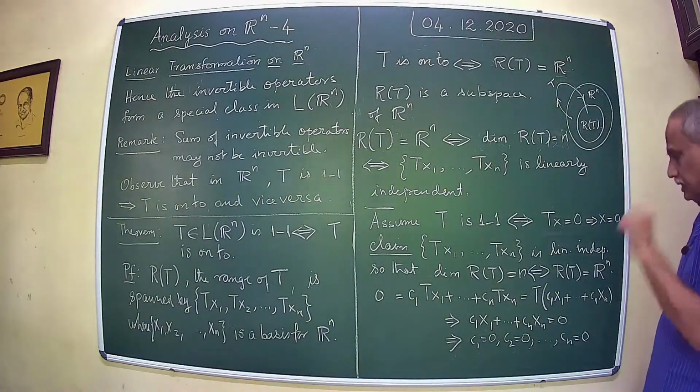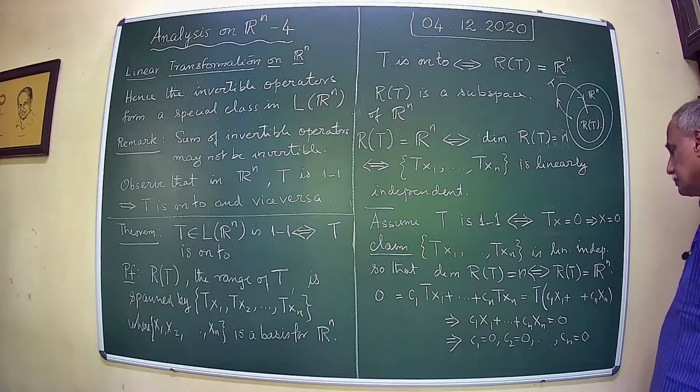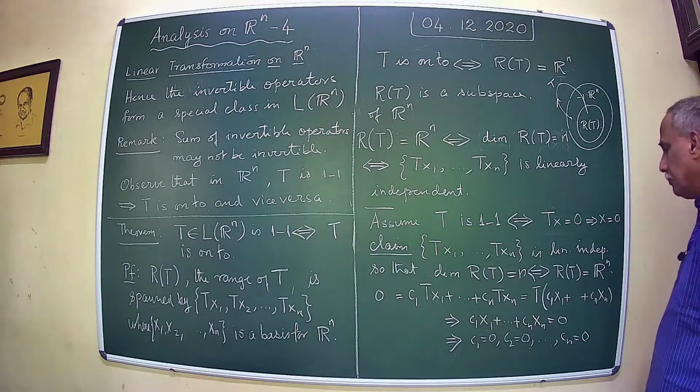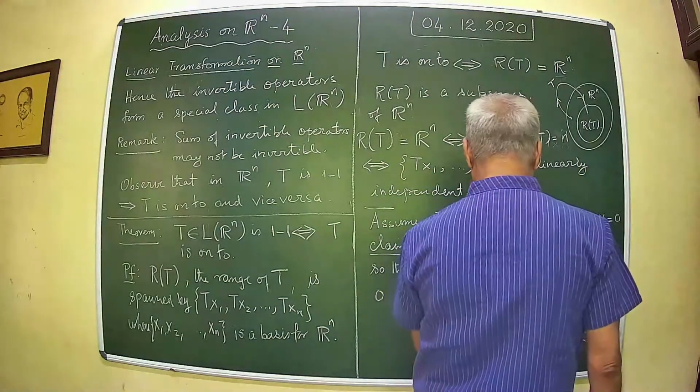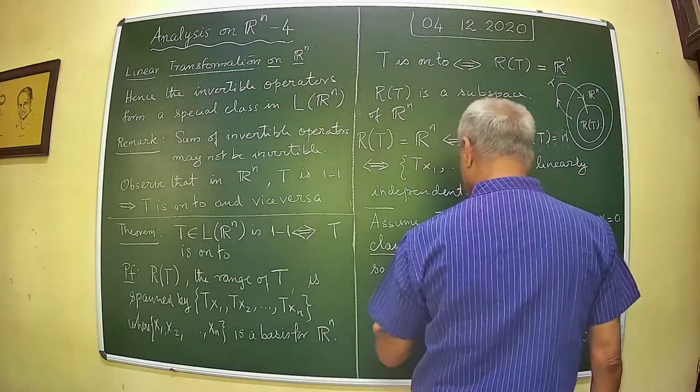So what does that mean? That means C1 Tx1 plus C2 Tx2 plus Cn Txn equal to 0.